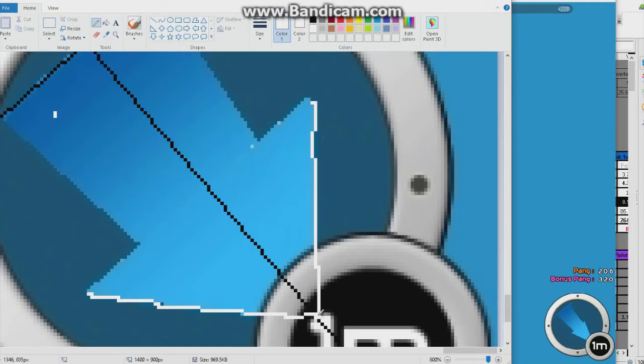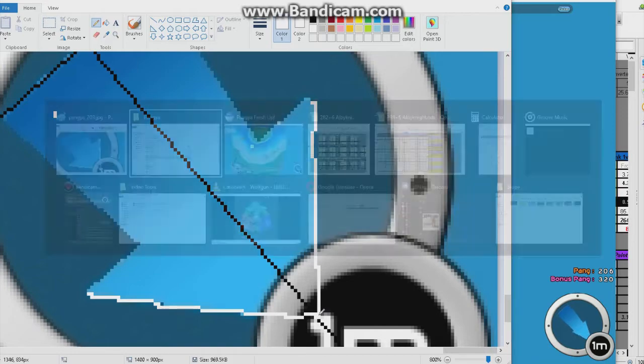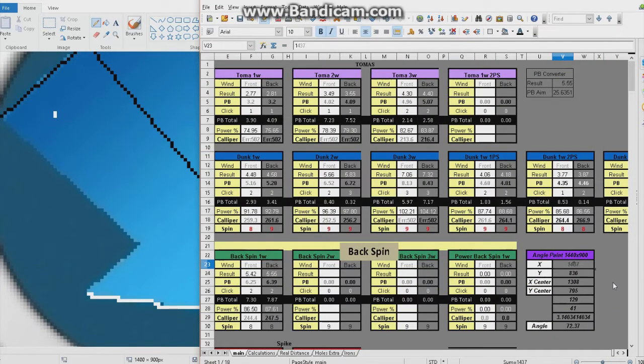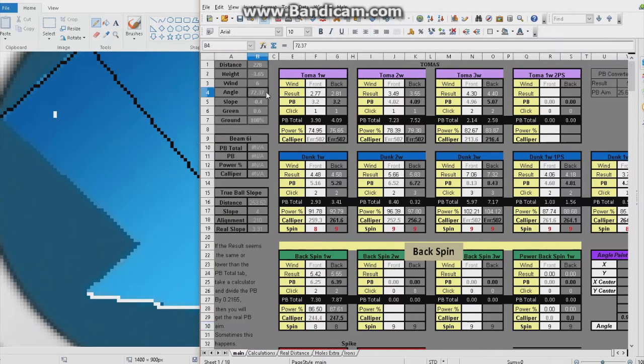About 1346, 834. So it was about a 44 degree. So that'll help you to determine about what the angle was. We'll put in 44.